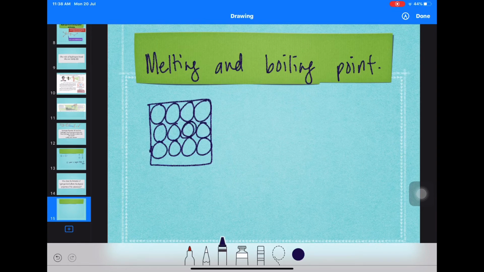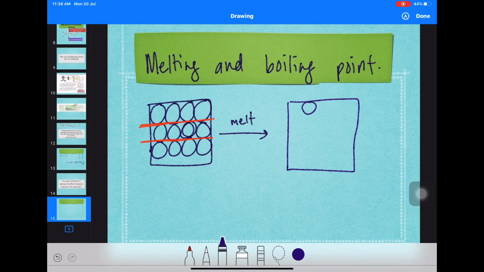When the substance wants to melt, we supply heat energy. The heat energy will overcome the forces between the particles here. We illustrate layer by layer. After it becomes liquid, the liquid will be like this one, not in an orderly manner.